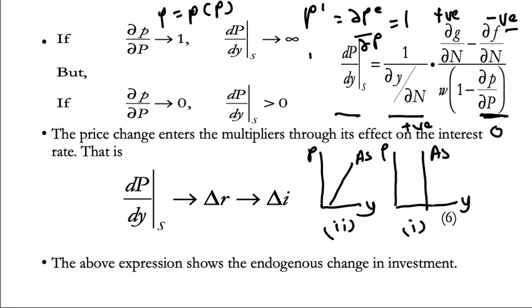Well, as you can see, for the slope of aggregate supply, which is dP over dy here, okay, the price change enters the multiplier through its effect on the interest rate in the money market. So logically speaking, okay, let's say there is an increase in money supply.